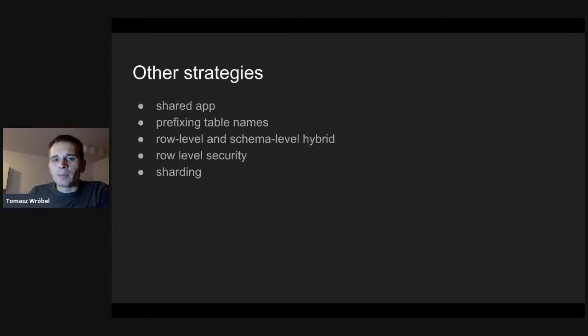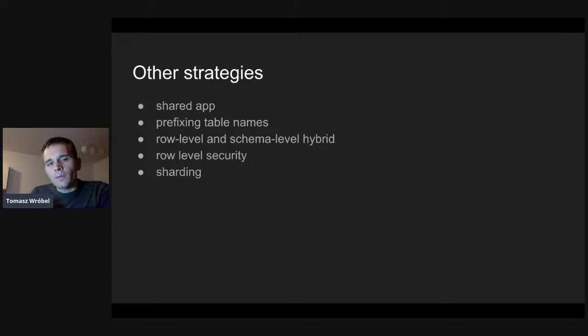Prefixing table names. If your particular database doesn't really do namespaces, I've still seen people do this schema approach by just prefixing table names, which is basically, one could say, the same thing. I think WordPress works this way.